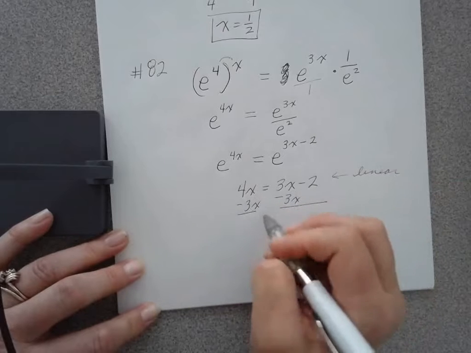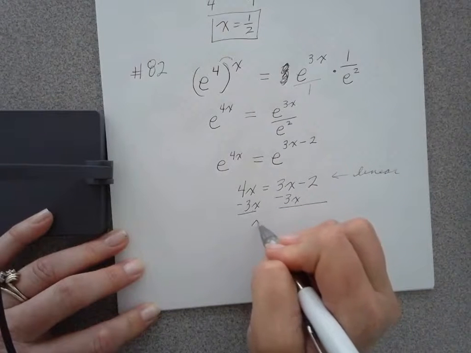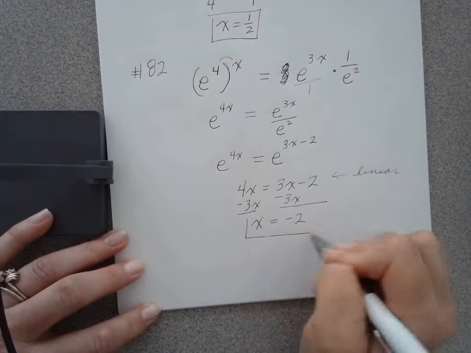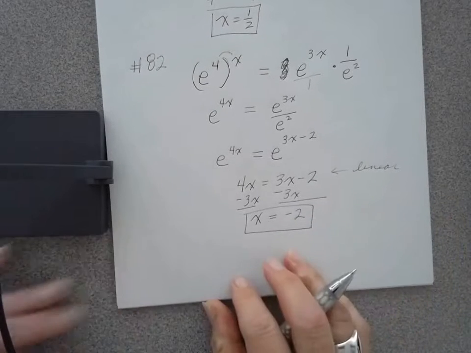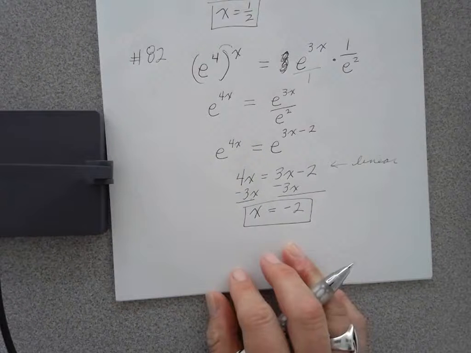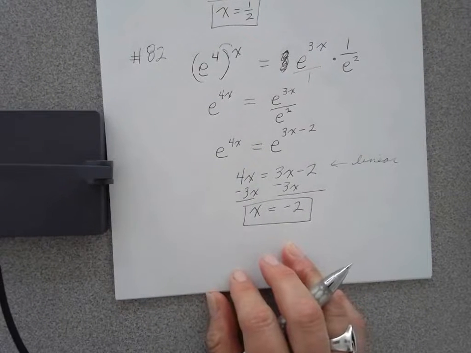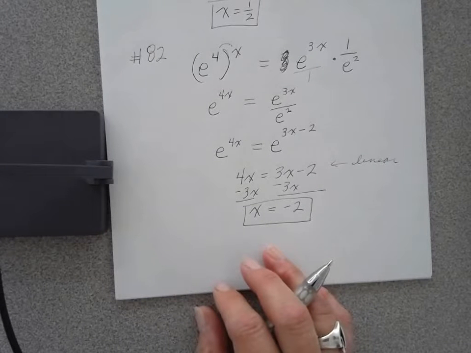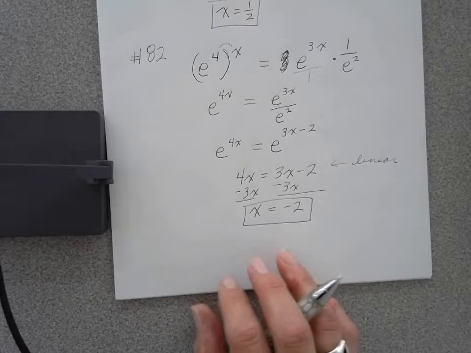So 4x minus 3x is x equals -2. Okay? All right, any questions on that one?